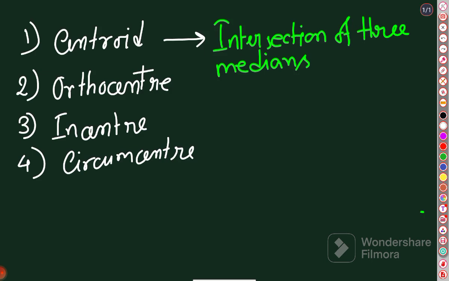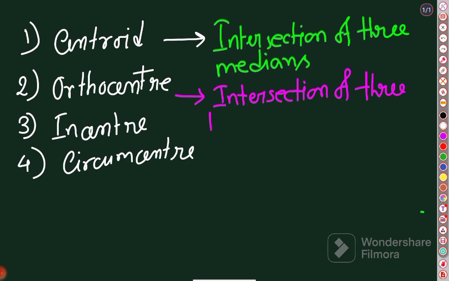What is the orthocenter? Sorry, the orthocenter is the intersection of the three altitudes of a triangle.